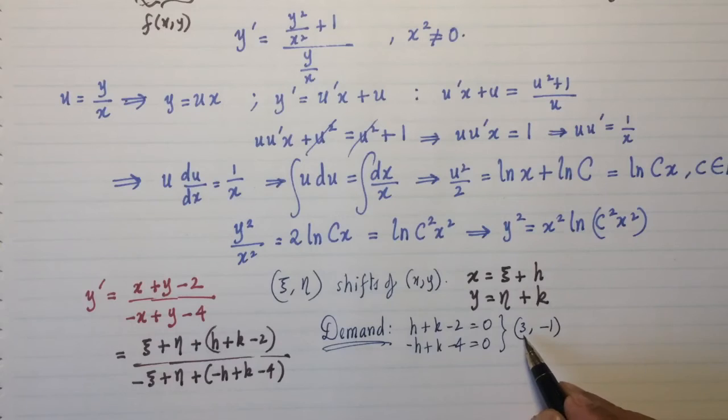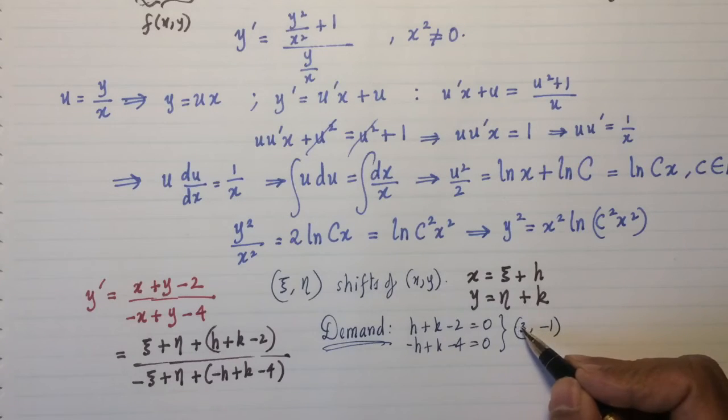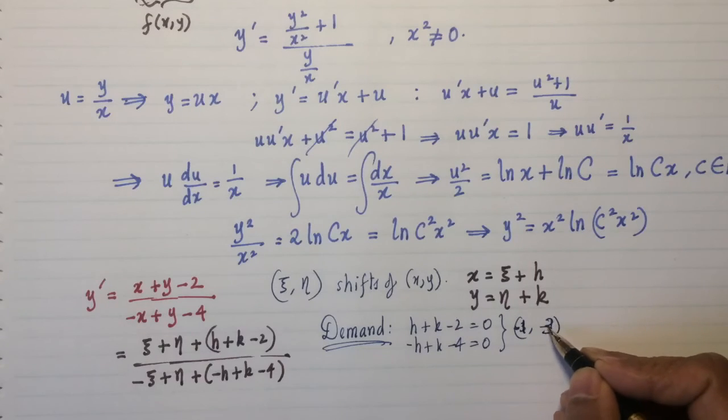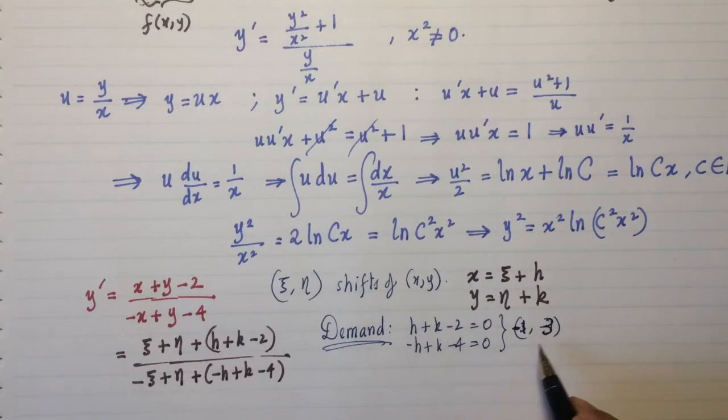You see, because 3 minus 1 is 2, 2 minus 2 is 0, and then negative 3 minus 1... let's say, negative... actually it's h equals negative 1 and k equals 3. Let's check that works out. Yep, now it works out. There it didn't matter, but here it does.